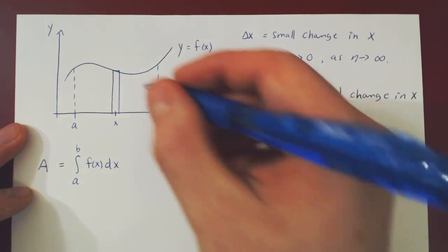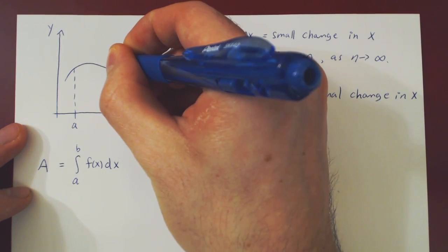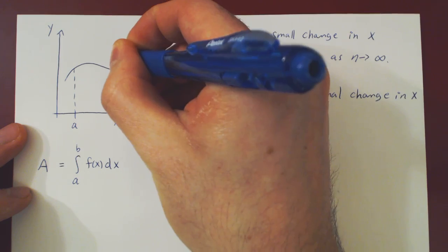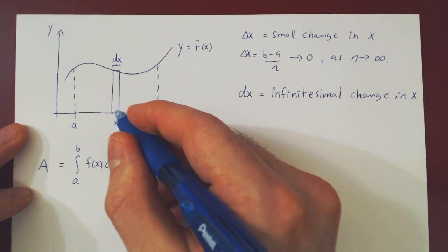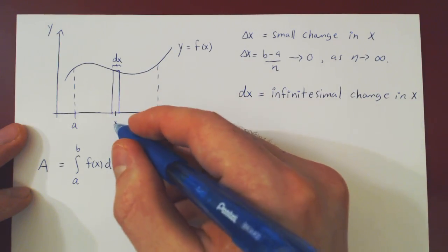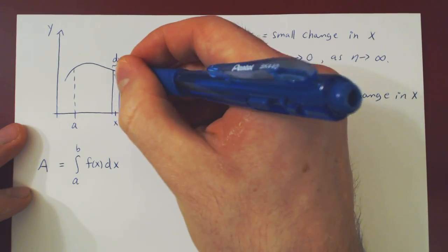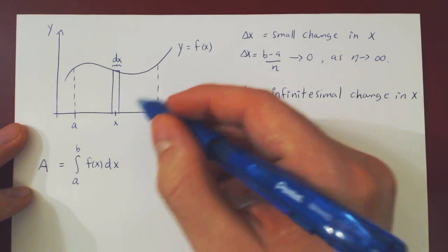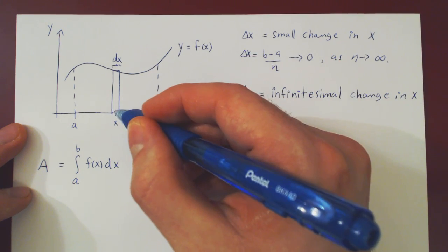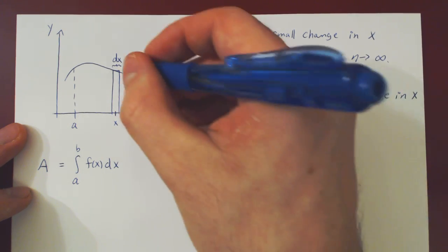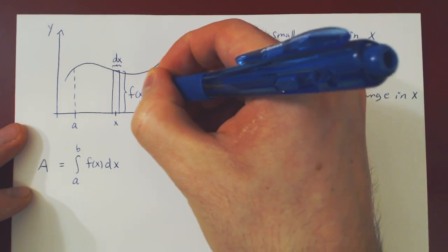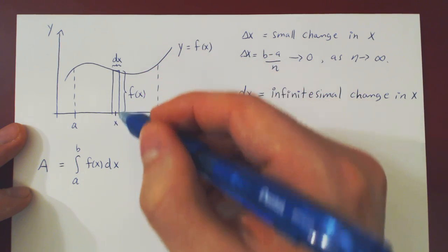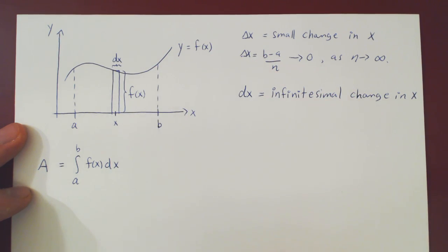That is dx. So we think of our rectangle having width dx. A little width in x, but that width shrinks to 0. And of course, at x, the height of the rectangle is simply the value of the function at x, right? The height will be f of x. So we have a rectangle now whose height is f of x and whose width is dx.